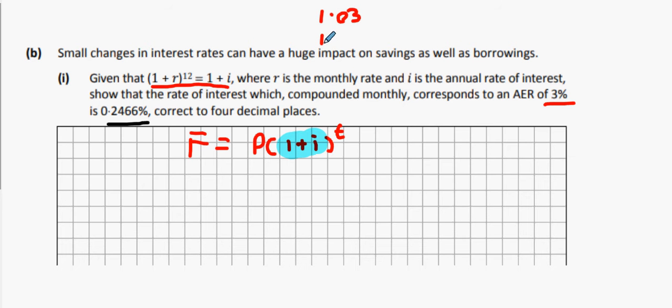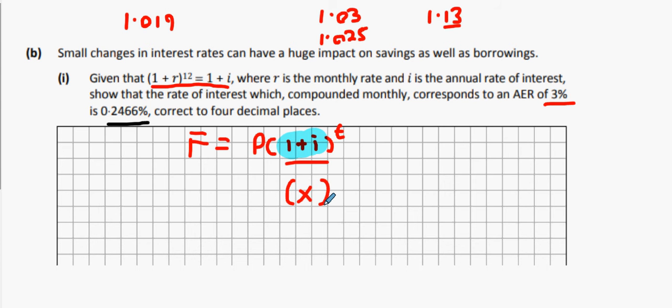If it was 1.025, what would the answer be? 2.5%, wouldn't it? If the blue part was 1.13, what would the interest be? 13%. It's whatever comes behind the decimal. If I gave you 1.019, what would the answer be that time? 1.9%. So we're going to change this to the letter x, okay?